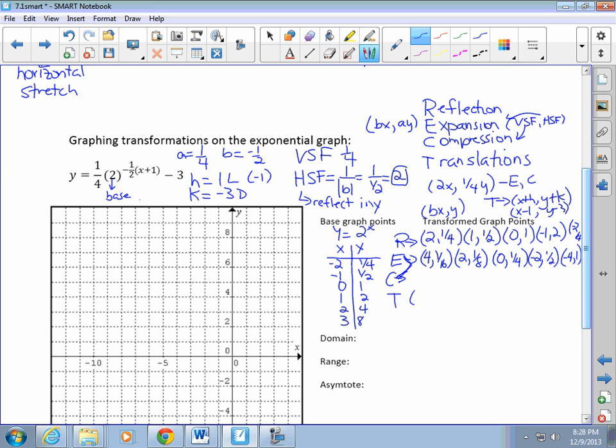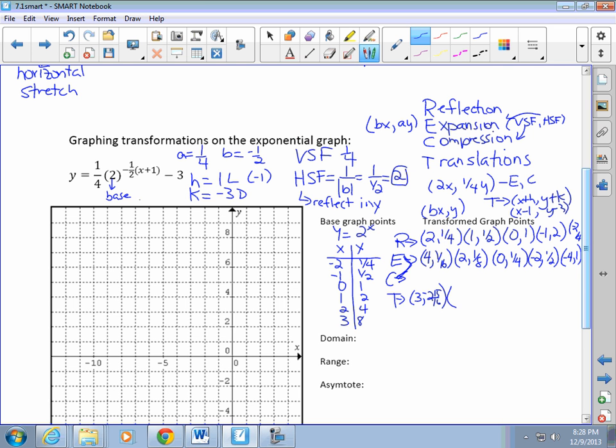In the first point here, it was a 4 minus 1, so that becomes 3. And then 1 over 16 minus 3. Well, that's going to give you a really wonky number, but basically it's going to be -2 and 15 over 16.